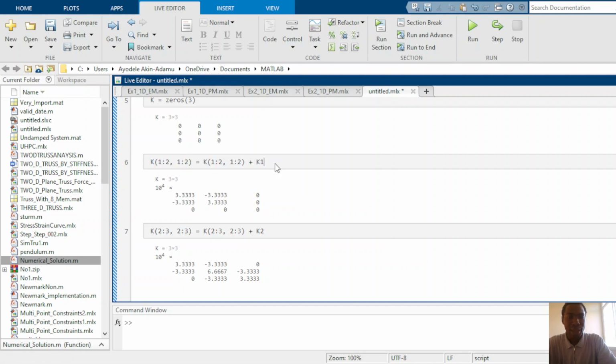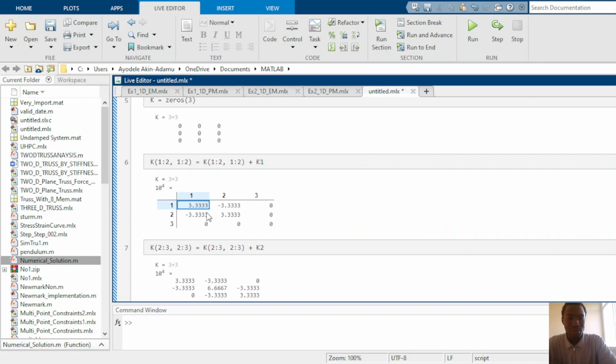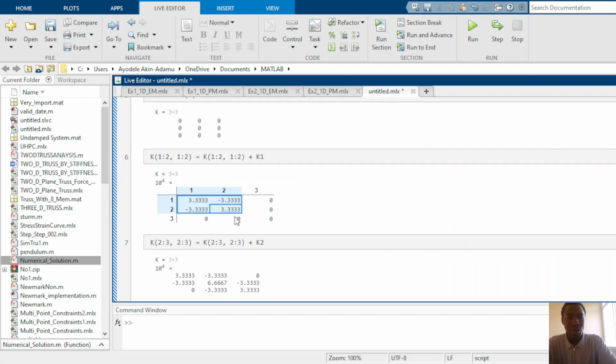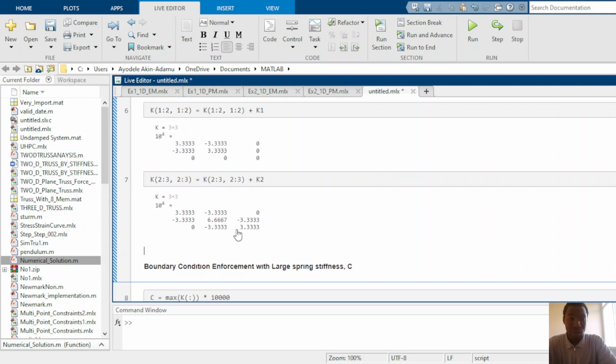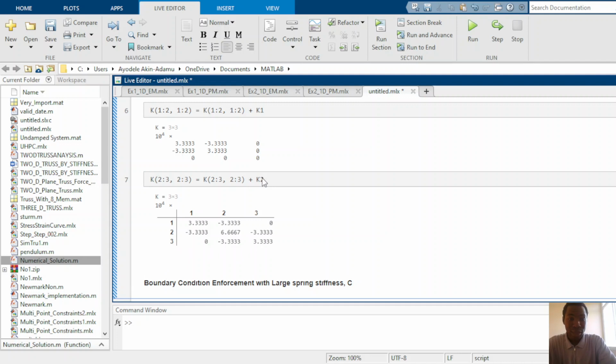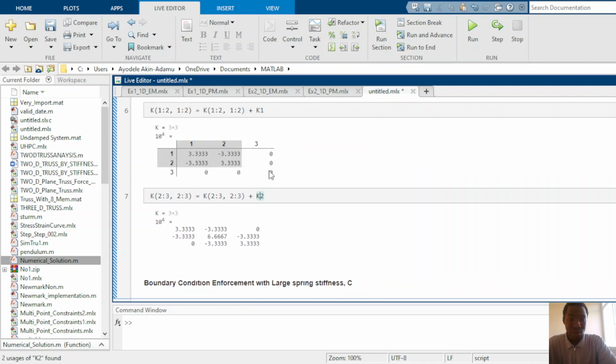I type this code and click on run. This gets evaluated, and you see the K1 matrix has been added to this position. We do the same thing for the K2 matrix. The K2 matrix is the local stiffness matrix of the second element, which is located between node 2 and node 3. So we need to add K2 at this position.